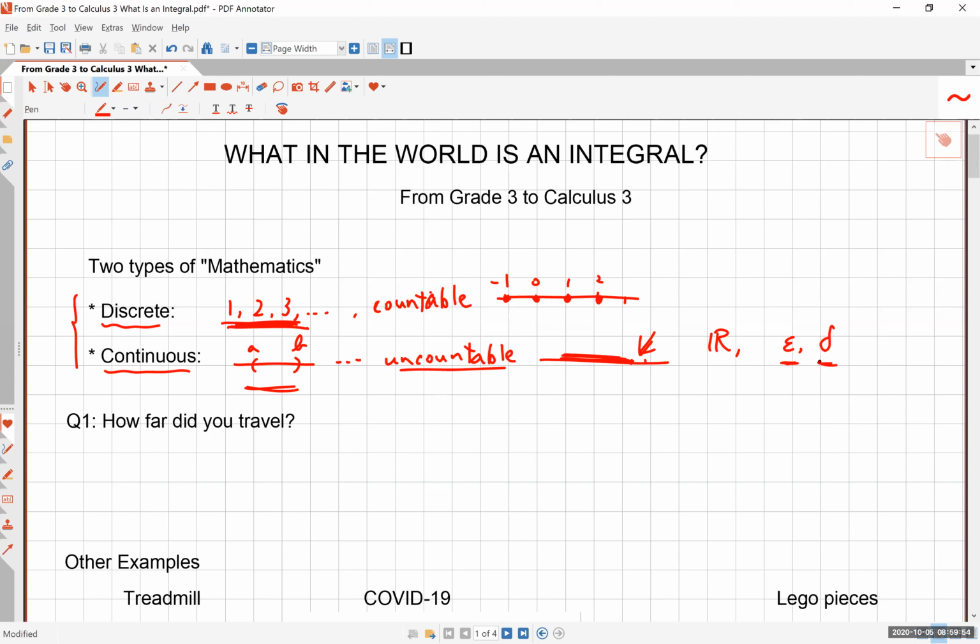Limits have to do with epsilon and delta. So continuous is what we are doing in calculus. We are not studying discrete mathematics, even though we do offer a class called discrete mathematics. Calculus is definitely the opposite of discrete, and it's continuous. This is important. This difference will help you really understand and answer this question: what in the world is an integral? So keep that in mind.